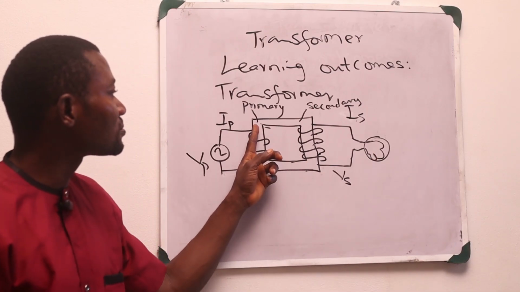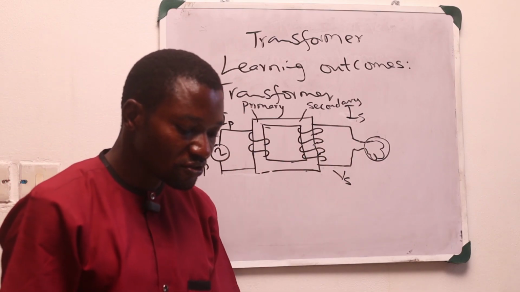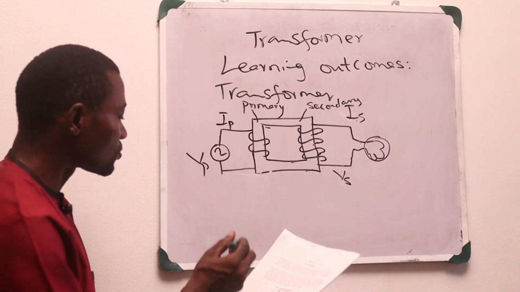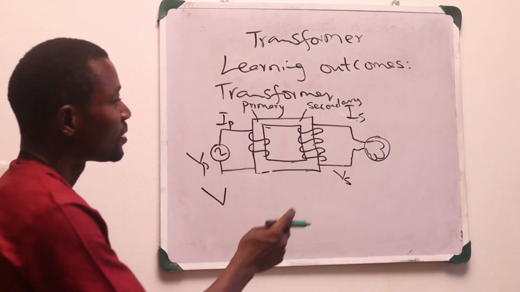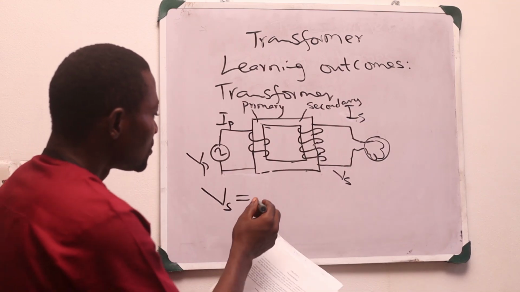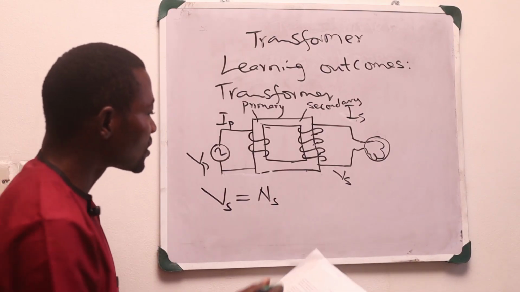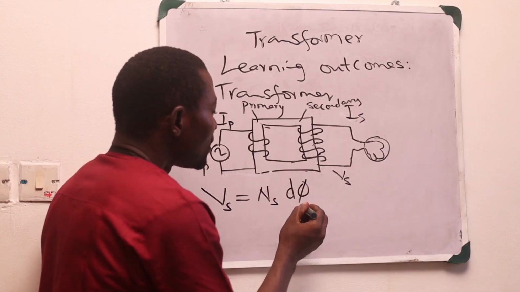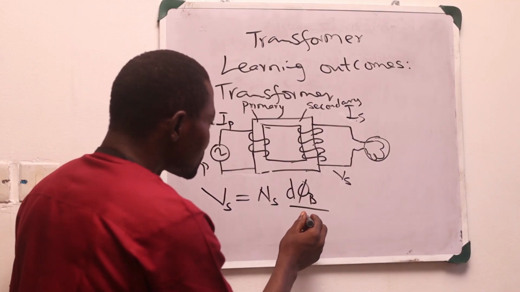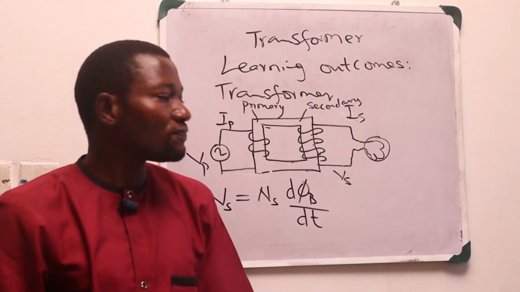It has two parts, the primary coil and the secondary coil. And according to Faraday's law of electromagnetic induction, the voltage that is induced is equal to the number of turns in the secondary times the rate of change of the magnetic flux in the secondary.